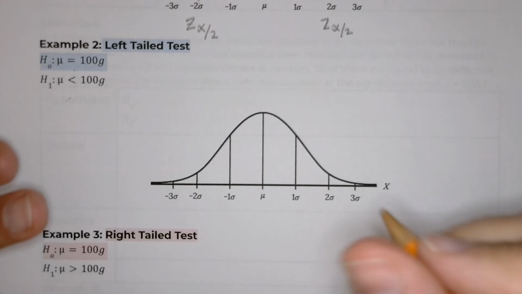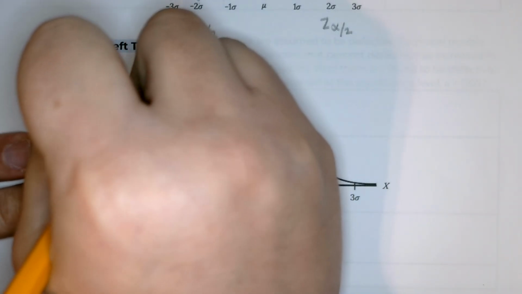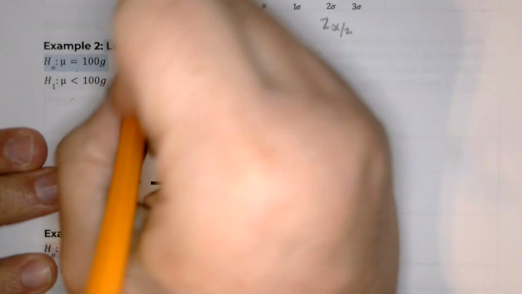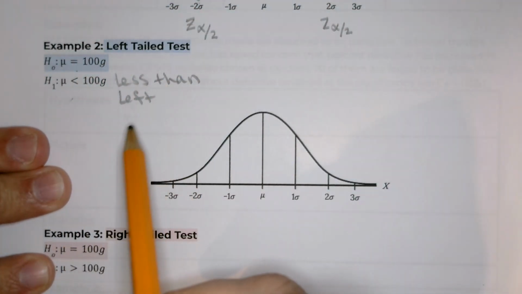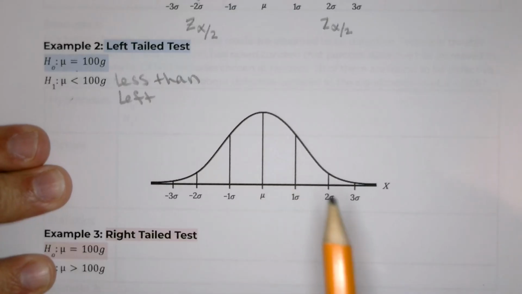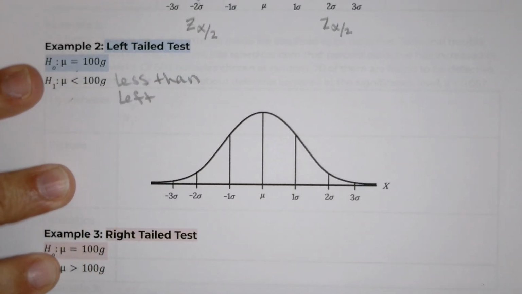Well, this is a left-tailed test. So less than is left-tailed. Notice that it's not less than or equal to. It's strictly less than, because if it was equal to, then it would fall within our status quo.